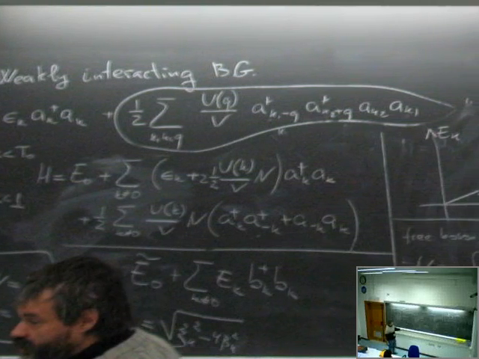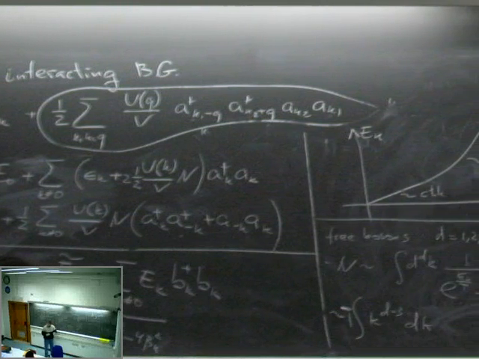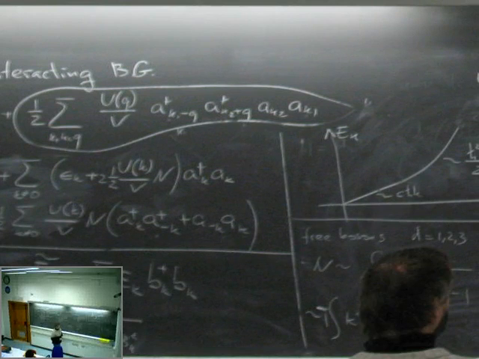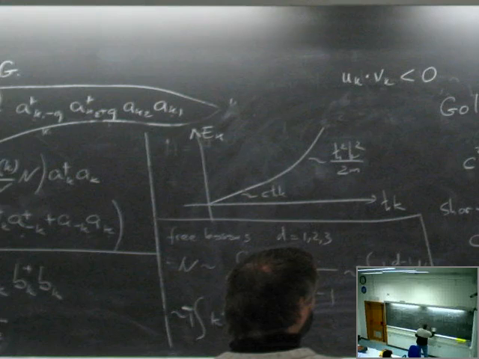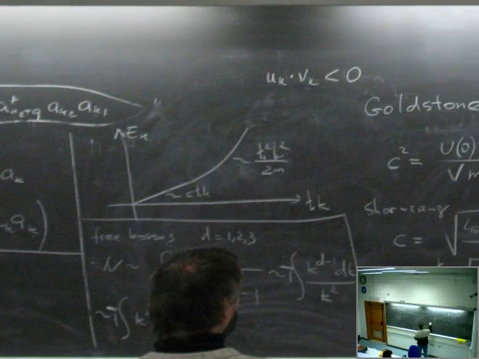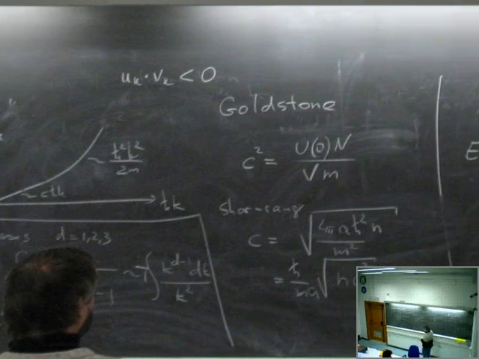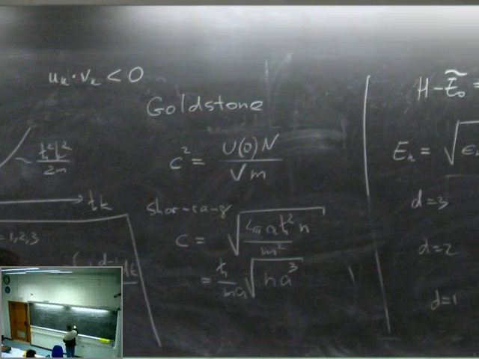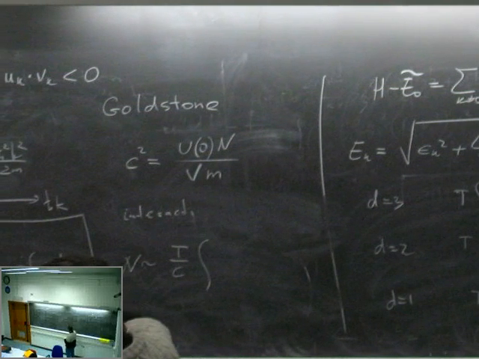If we do the same calculations, putting in the linear dispersion relation, we see that now it's interacting. The only difference is here. So n is proportional to T over C. Instead of k squared, I put k.